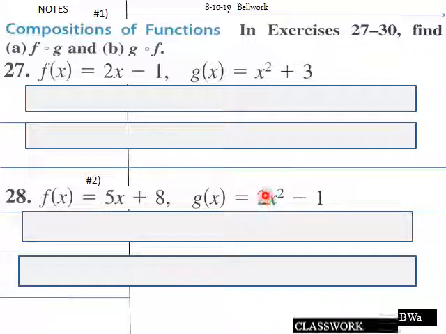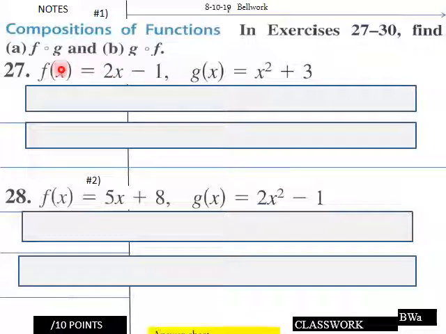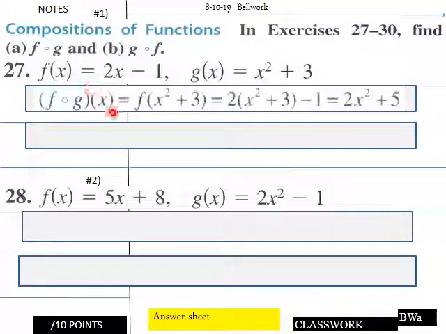Okay, welcome back everybody. For your bell work today, a would be f of g and then b would be g of f. So for f of g, you would substitute g into your f for this first one. So it'll be 2 times x squared plus 1 minus 1, and when you simplify, it'd be 2x squared plus 5.